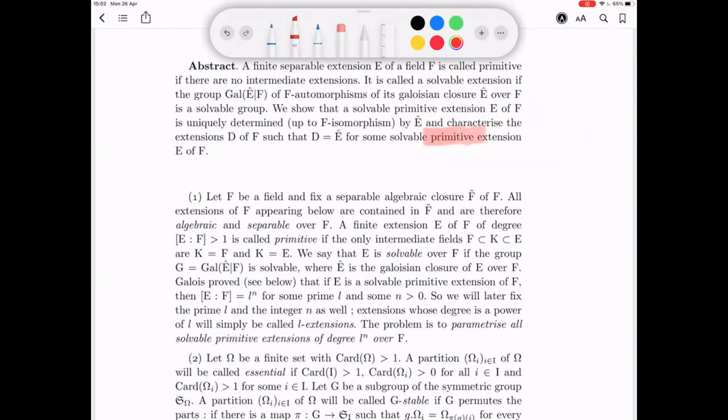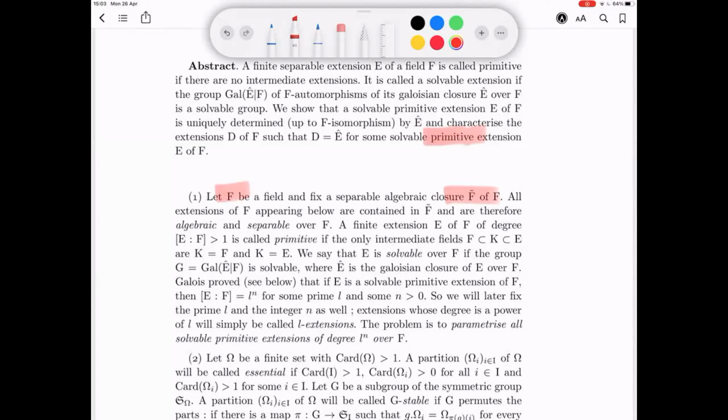So let's fix a field F. And I'll fix also a separable algebraic closure, F tilde of F. I'm not calling it F bar because F bar will perhaps be used for something else. F bar is usually the notation for the algebraic closure. We are not taking the algebraic closure, we are taking the separable algebraic closure.